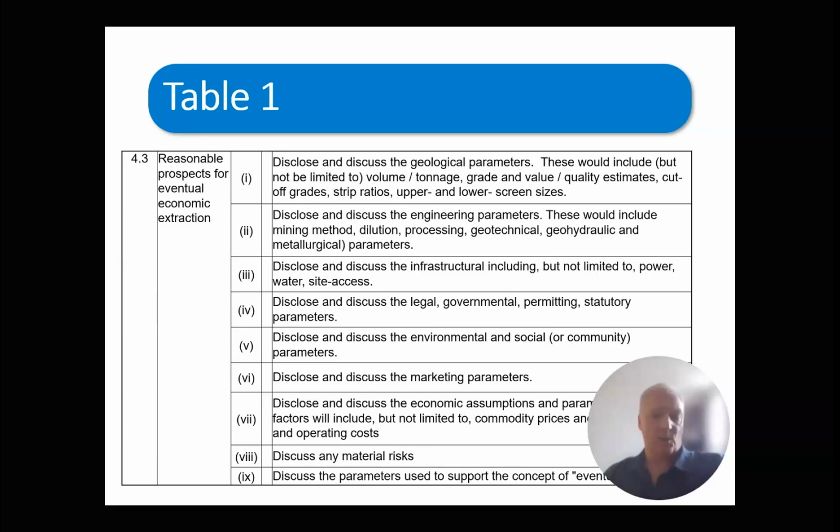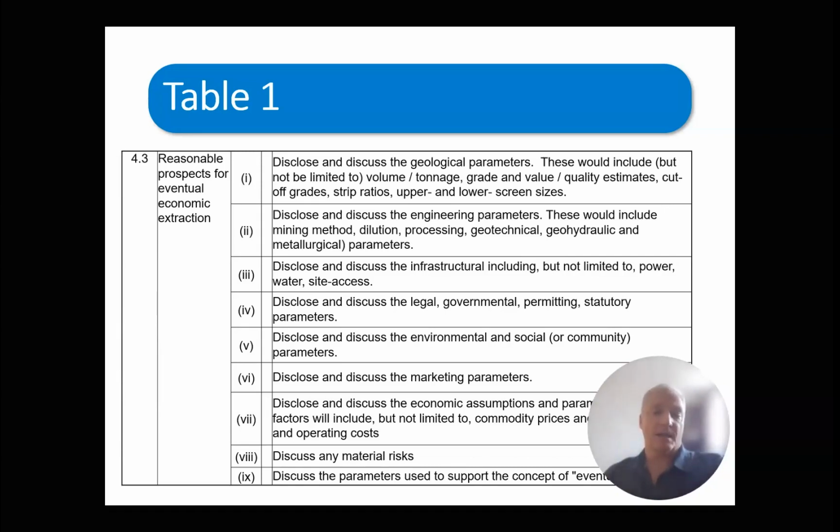Let's look and see what Table 1 of SAMREC says. In Table 1, there's one section, 4.3, about the reasonable prospects for eventual economic extraction. Obviously, I can't change these aspects now because they're going to fall within the next run of the code.